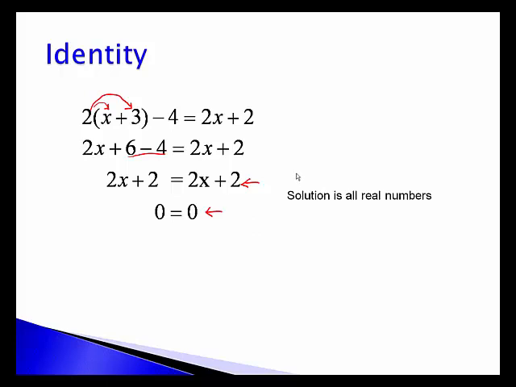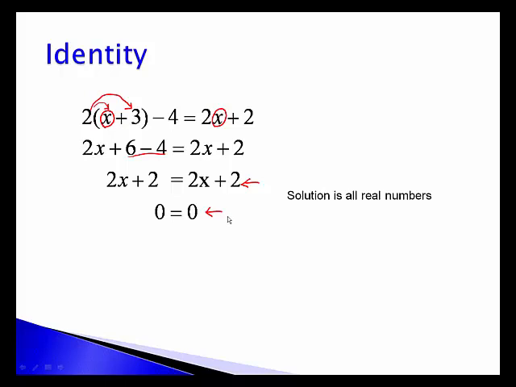That means I could take any real number I want to and plug it in for this x and for this x, and I would get a true statement. I know that sounds a little far-fetched, so why don't you try plugging in a 0, for instance, and see what you get. Come back and plug in a 2 and see what you get. If both of those make it true, then it would help you to understand what an identity is.